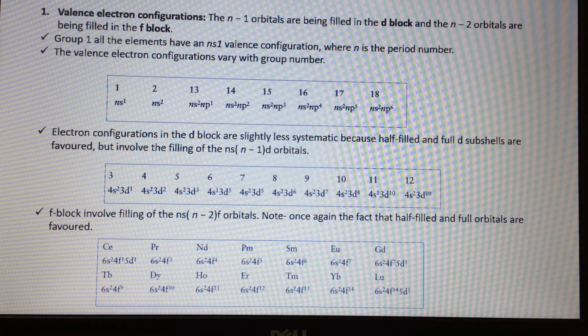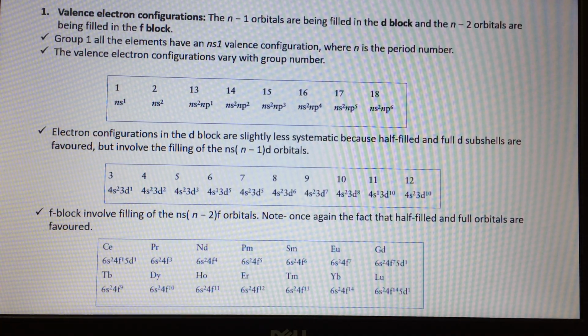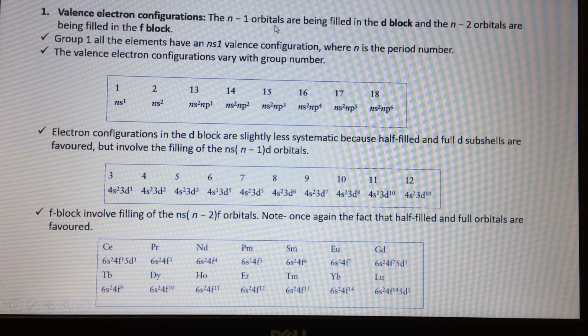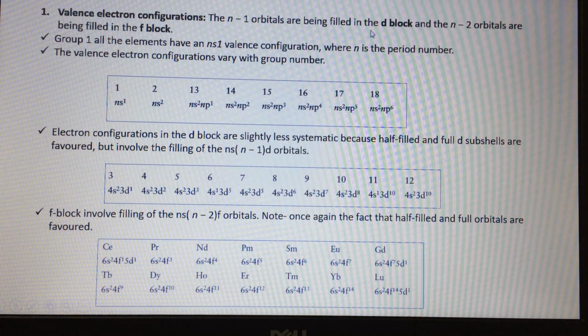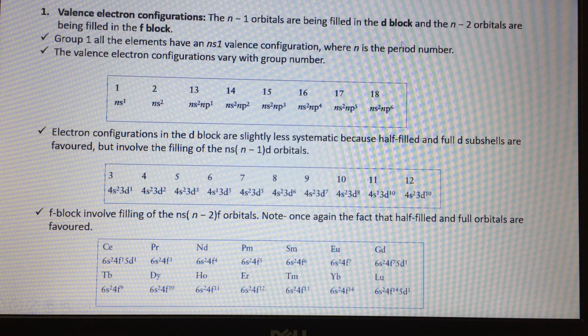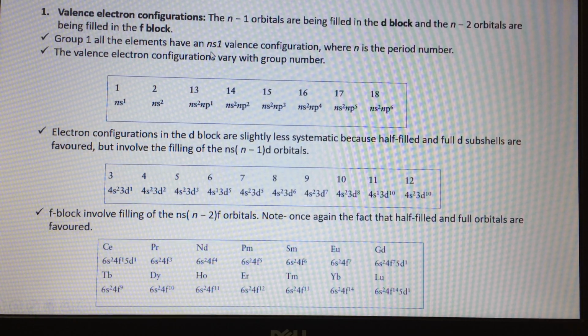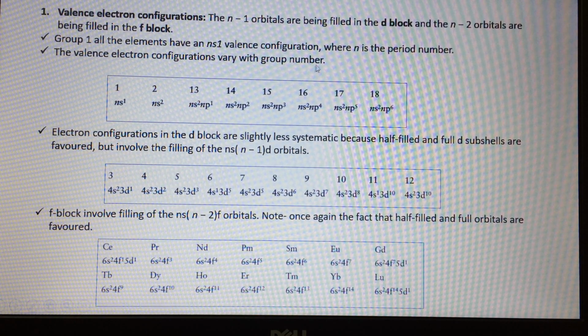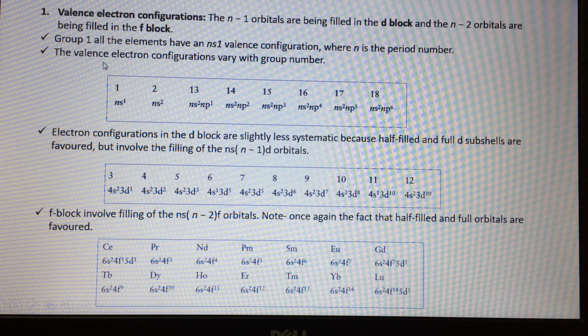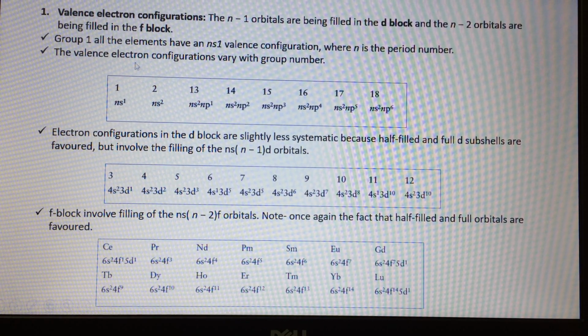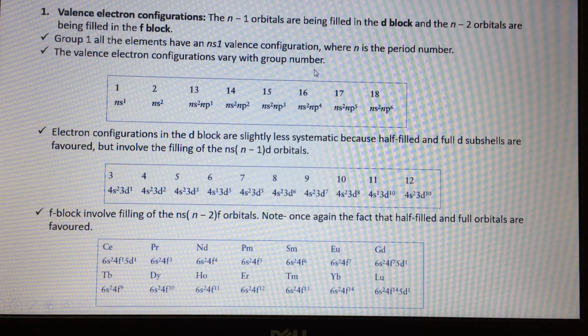So, valence electron configurations. First they fill the valence electrons in the ns and (n minus 2) f orbitals for f block elements. As we know, the group 1 elements all have ns1 valence configuration, where n is the period number, and these valence electrons vary with group.